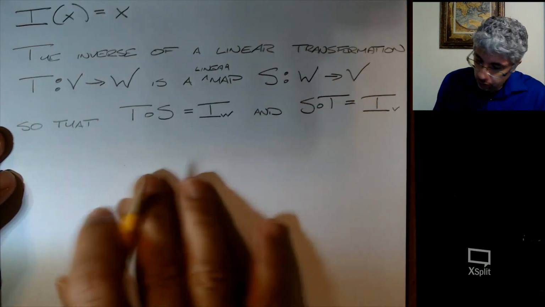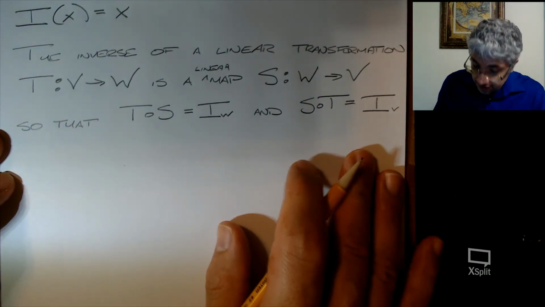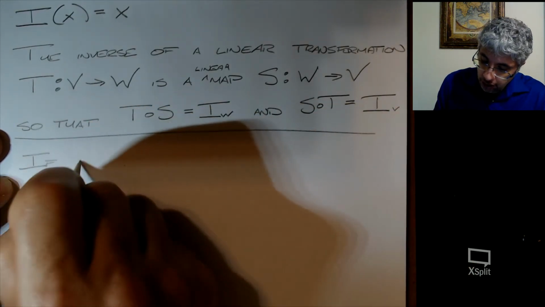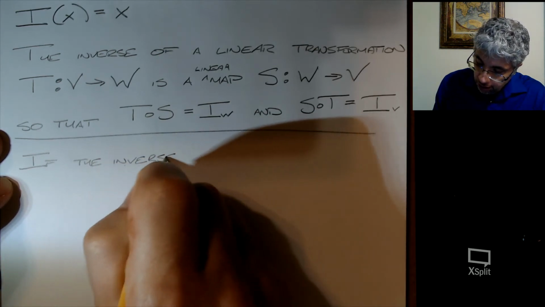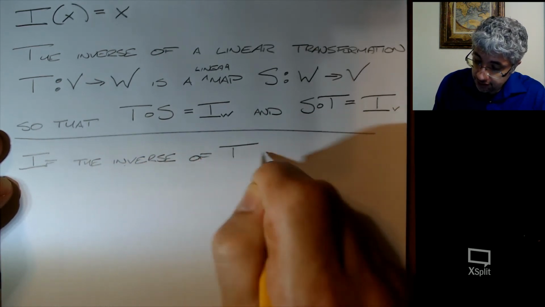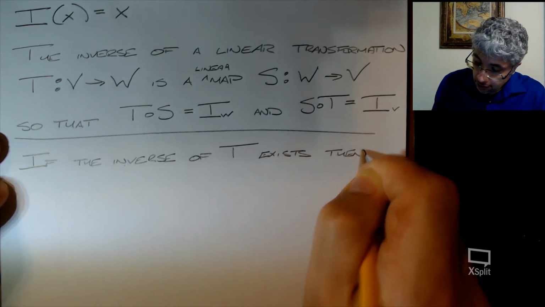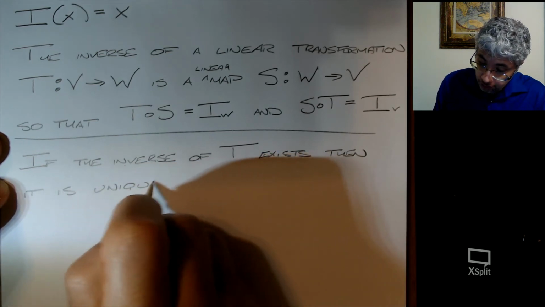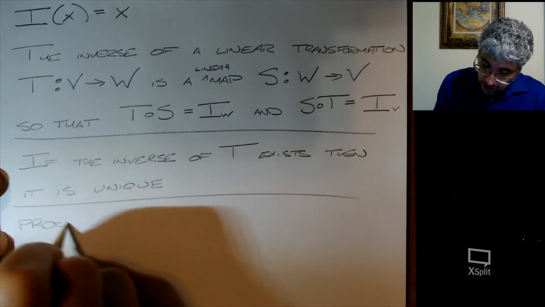Okay, so what can we say about inverses? The first thing is we're not going to claim they always exist, but if the inverse of T exists, then it is unique. Now, whenever you're trying to show uniqueness, there's a couple ways we could do it.